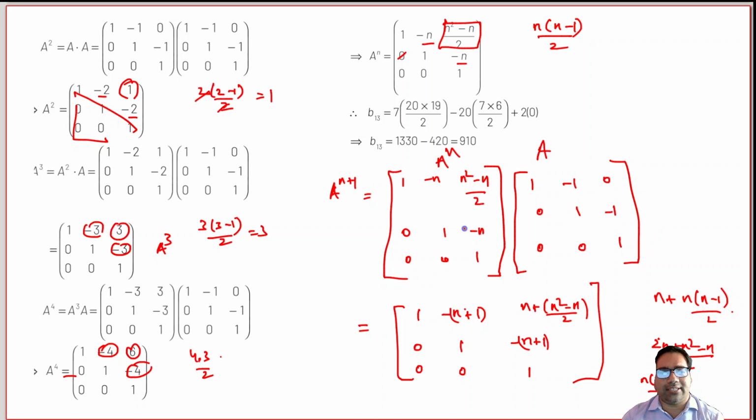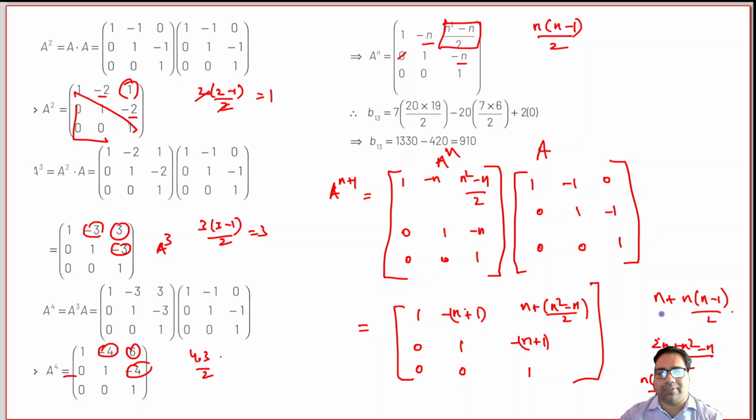If we do this multiplication, first row into first column, we get only 1, and first row into second column, we get minus of n plus 1. And first row into third column, what are we getting? 1 into 0 minus n into minus 1, that is plus n, plus n square minus n by 2.